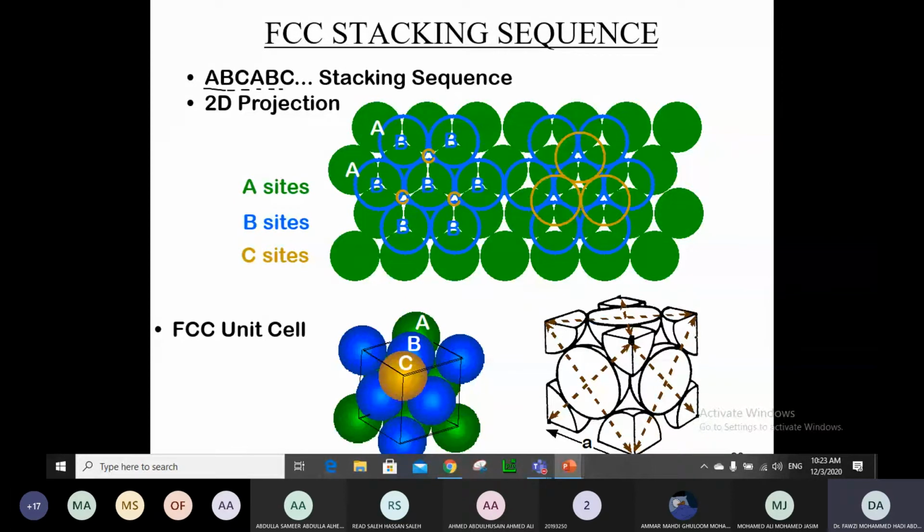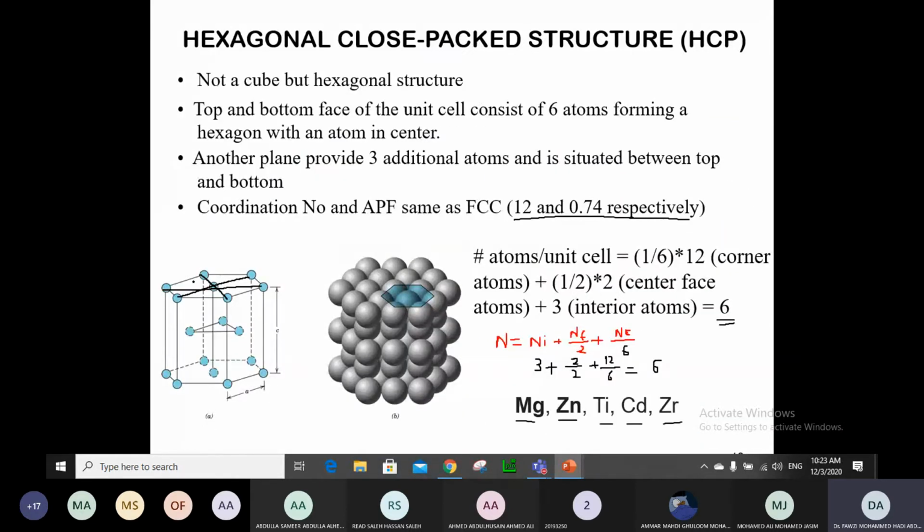This is a close-packed direction, and this is a close-packed direction, this is a close-packed direction. The number of close-packed directions that you have is much bigger than the number of close-packed directions which you have in the HCP crystal.